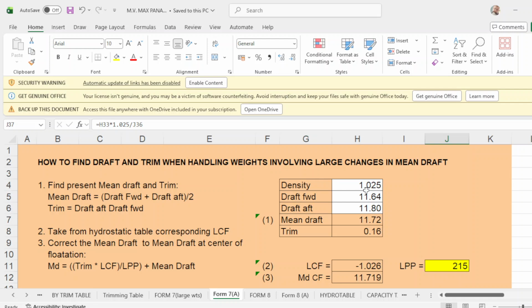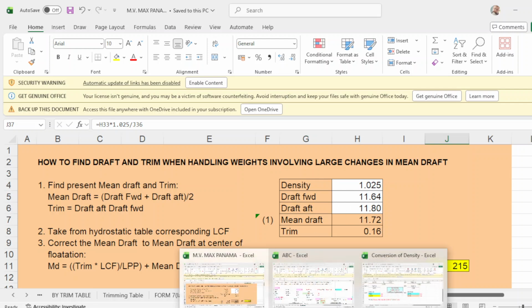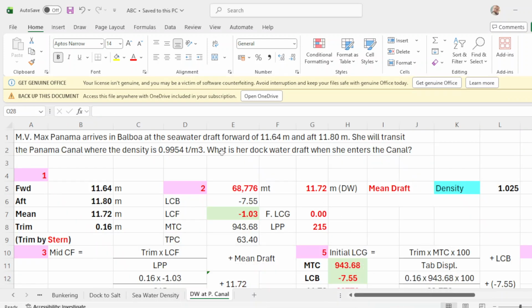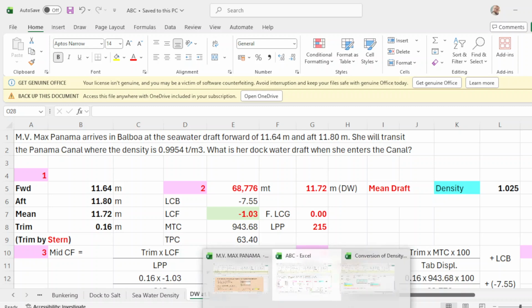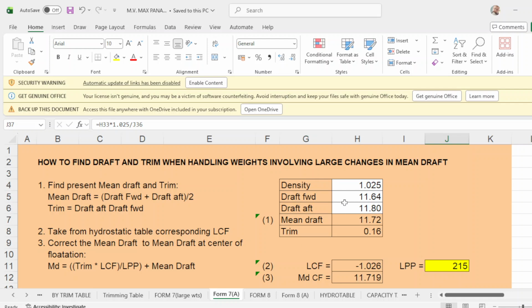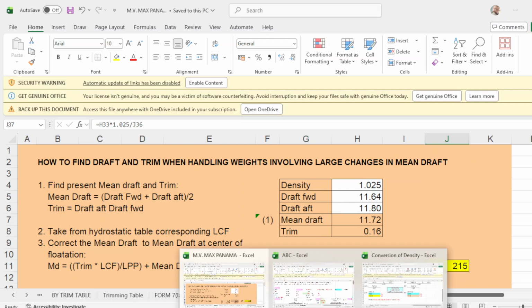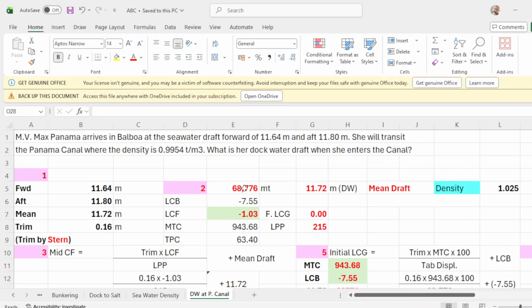Okay. So upon arrival in Balboa, it says that your draft is seawater. That means 1.025. And your draft forward is 11.64, and aft draft is 11.80.